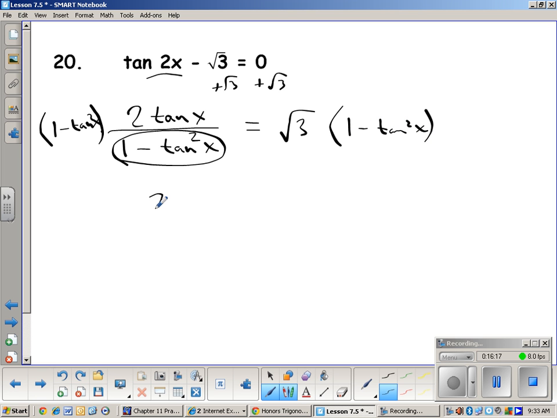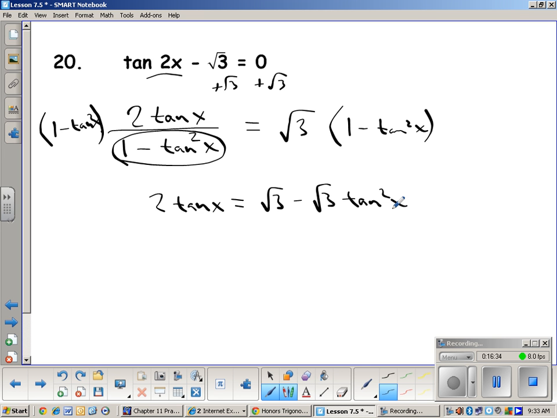So we get 2 tan x equals square root of 3 minus square root of 3 tan squared x. Okay?